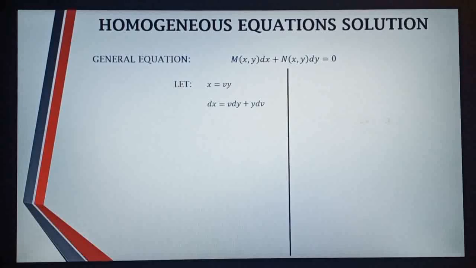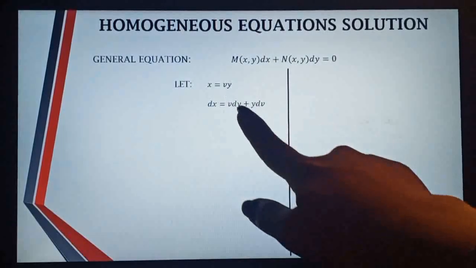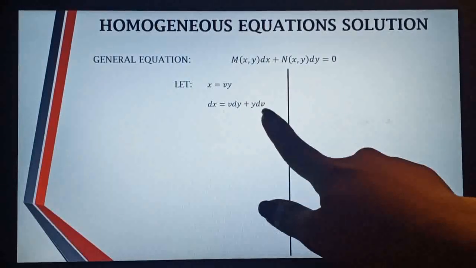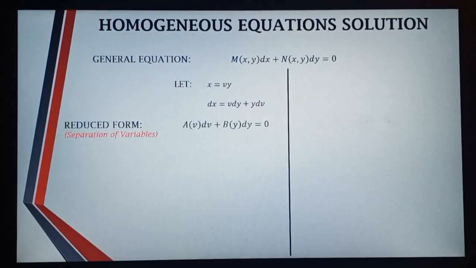So, in that case, vy is a product. So, kapag differentiate mo siya, you will have dx equals v dy plus y dv. So, isa-substitute natin si x at si dx dun sa original equation. Your new equation will be reduced in the form of separation of variables.